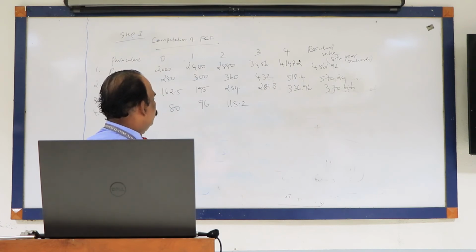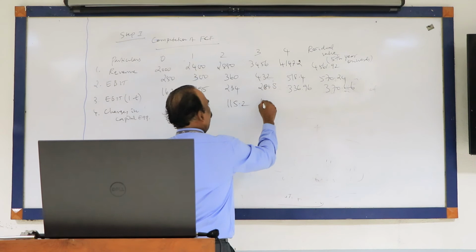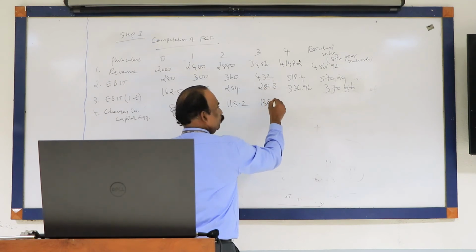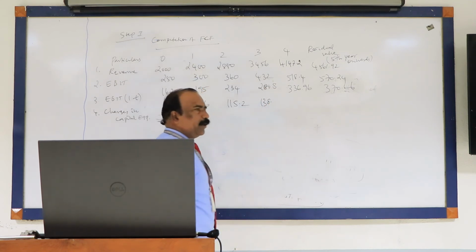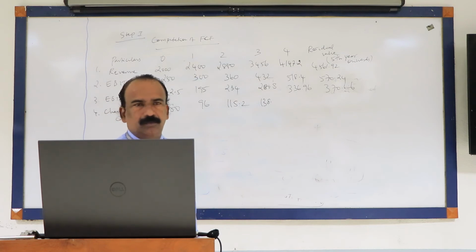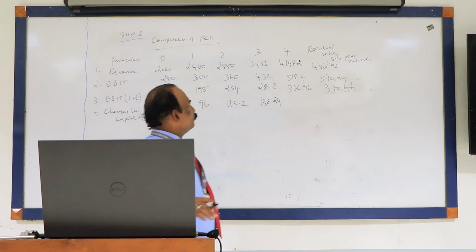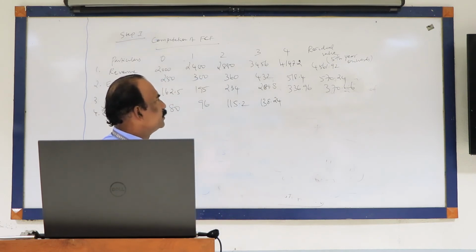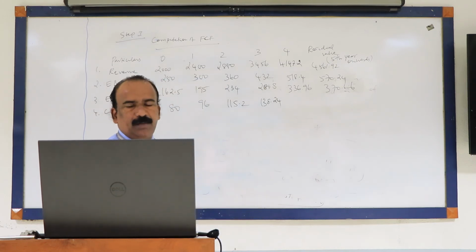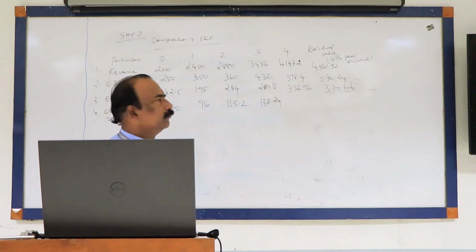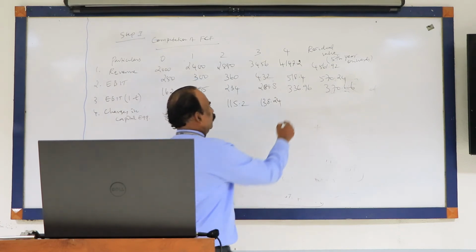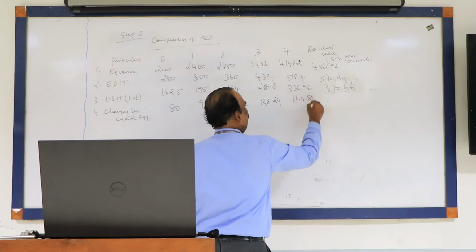That is 138.24. Then 138.24, 20%, gives 165.88.